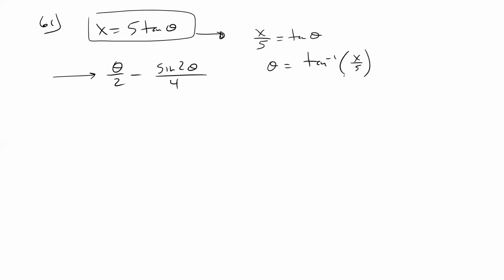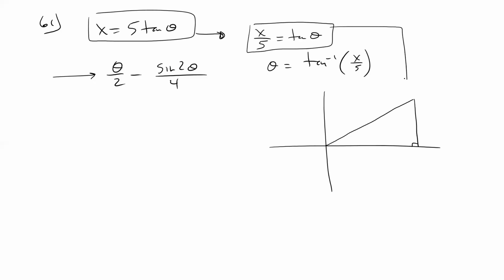Okay, we good there. Next, we're going to create our little angle measurement here. So if that is the case, we're going to use this little piece right here first for our triangle. If tangent of theta is x over 5, that means opposite is x, adjacent is 5.